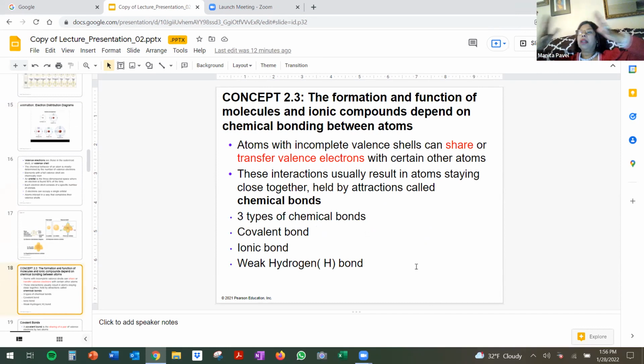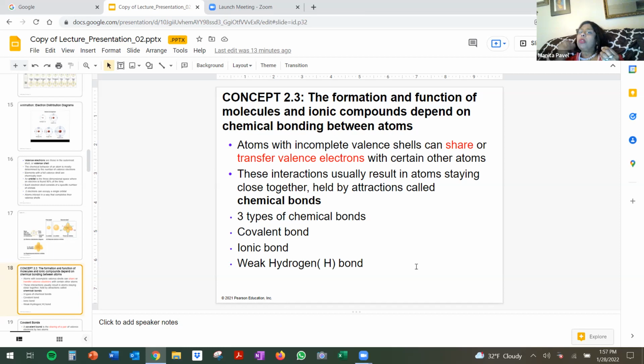It depends on how you're holding the person's hand. I'm holding it lightly, so I can easily pull away my hand. But if I'm holding the hand of the adjacent classmate tight, it's difficult for me to pull my hands. I need tremendous force to remove it. So that force of attraction between 2 or more atoms is a chemical bond.